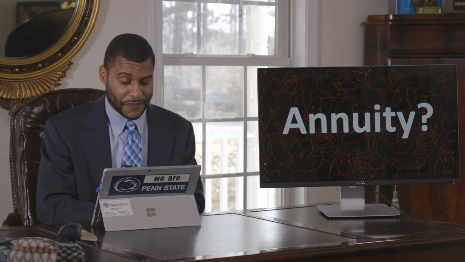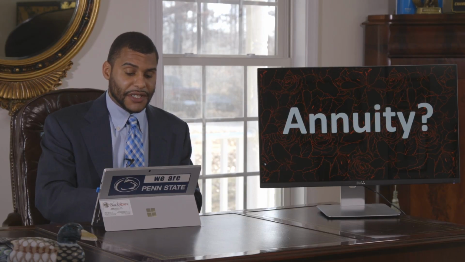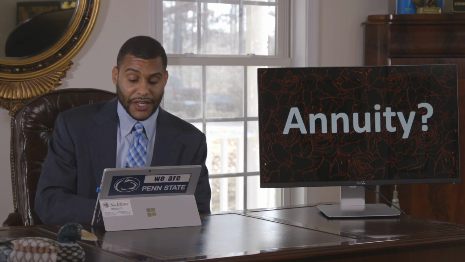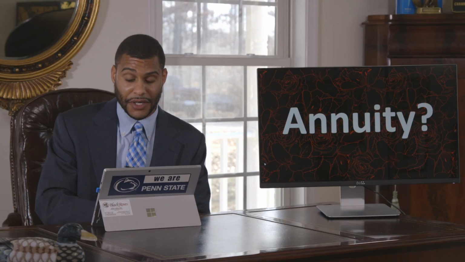Furthermore, this investment can be annuitized and turned into a guaranteed income for the rest of a person's life. Annuities are tax-deferred financial products. So you will be taxed on your income from this financial product.